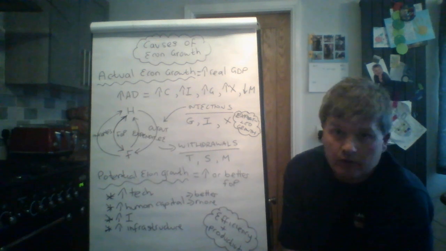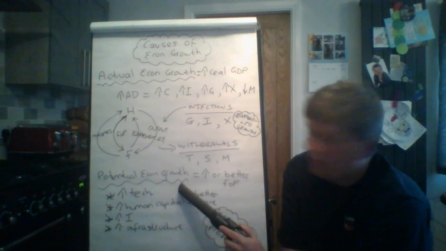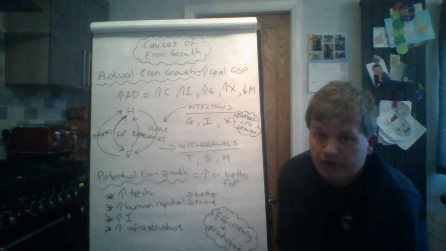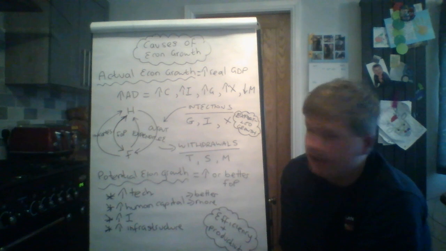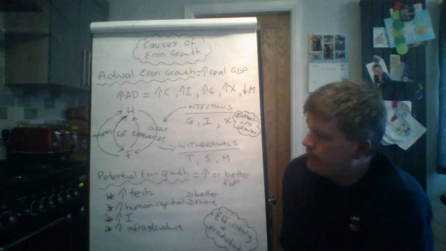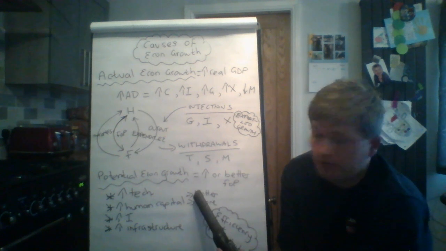Now, potential economic growth, remember, is about an improvement or an increase in factors of production. So remember, your 4 different factors of production are land, labour, capital and enterprise. Anything that makes these things improve or increase would lead to potential economic growth.